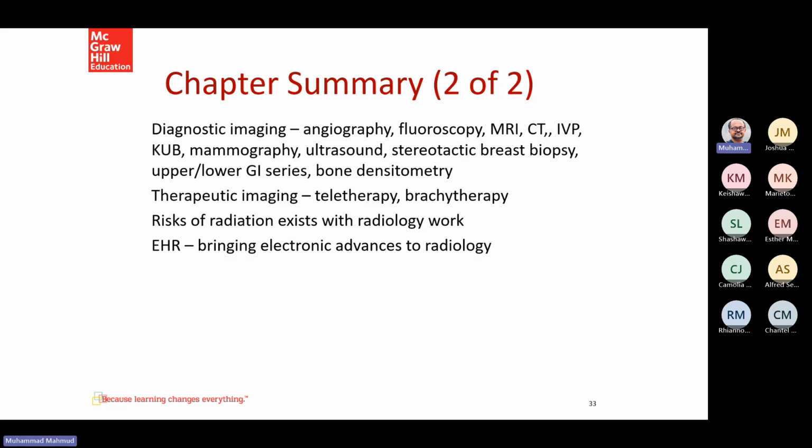A lot of the words we have found in this lecture, like angiography, fluoroscopy, MRI, CT scan, IVP, and many more. And at the end, we discussed DICOM, teletherapy, brachytherapy, and the risk of radiation and how to minimize those risks. So that is the end of chapter 50.